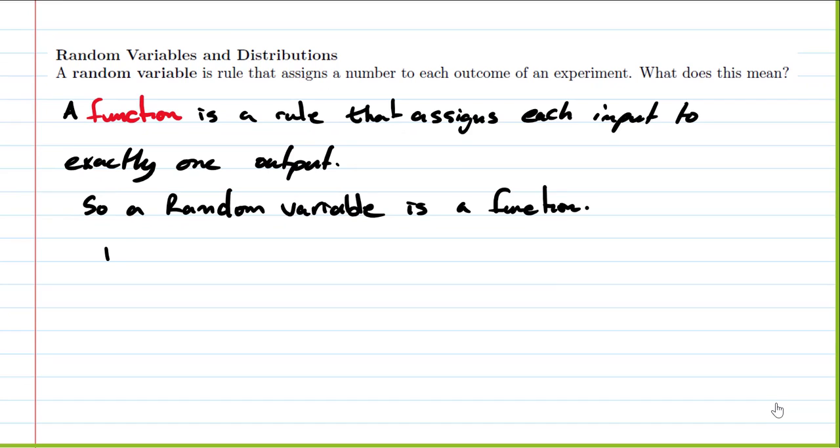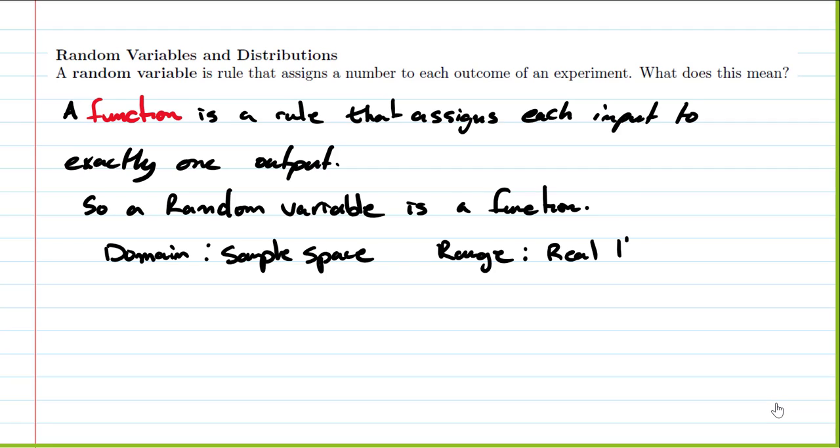Its domain is going to be the sample space, and its range is just going to be real numbers.